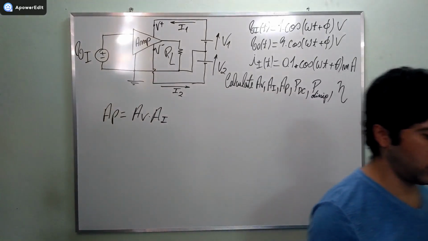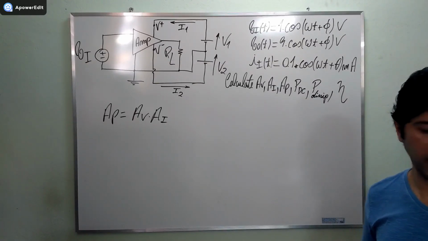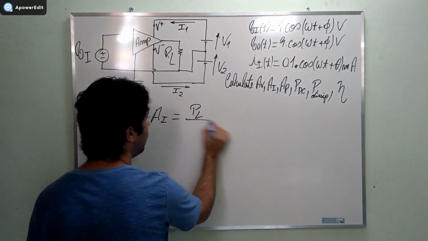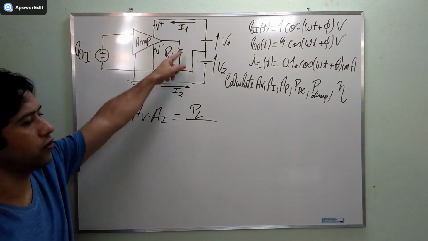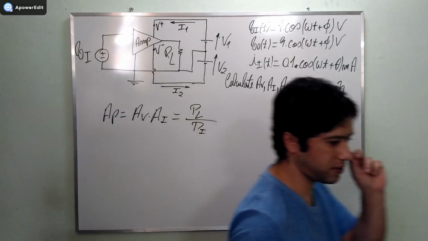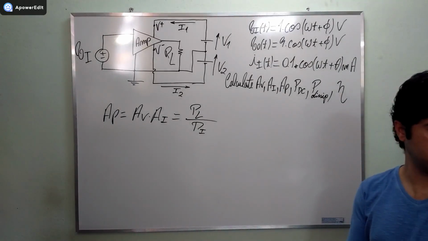How can we calculate the power gain? We can calculate it by dividing the power that is fed to the load by the power that enters the device.